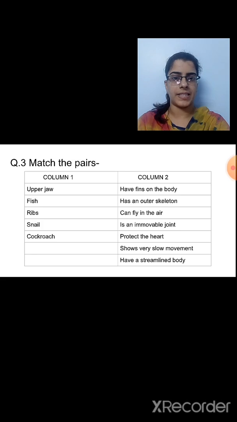Third is ribs. What do the ribs do? Ribs protect the heart. Then snail. How does the snail move? Snail shows very slow movement. And last is cockroach. So cockroach has an outer skeleton.